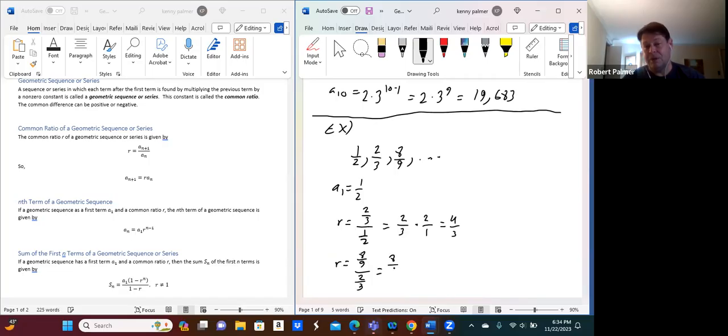Once again, we multiply by the reciprocal of what we're dividing by, 3/2. And so that's going to be 24 over 18. I want to make sure I wrote these numbers down right.